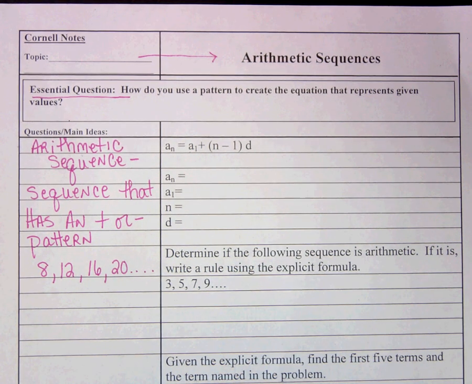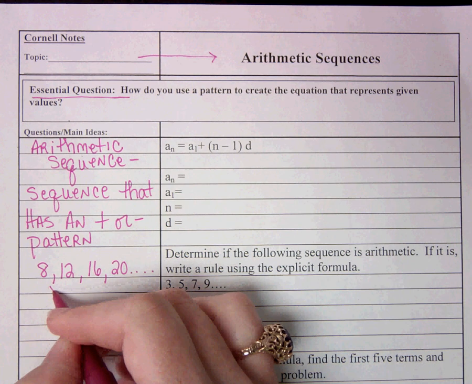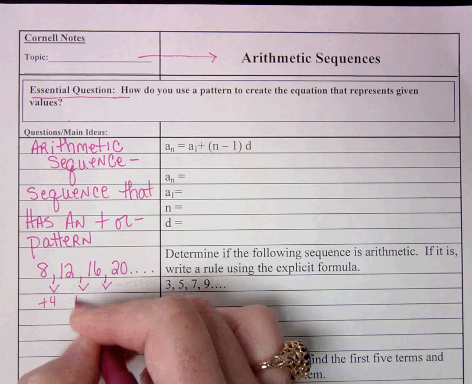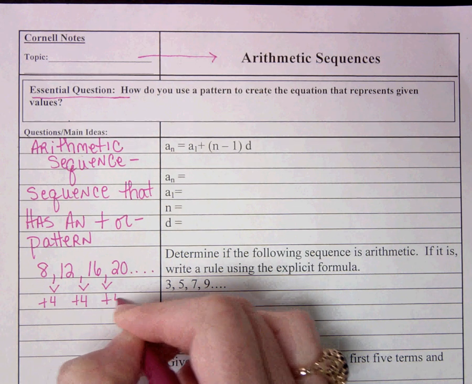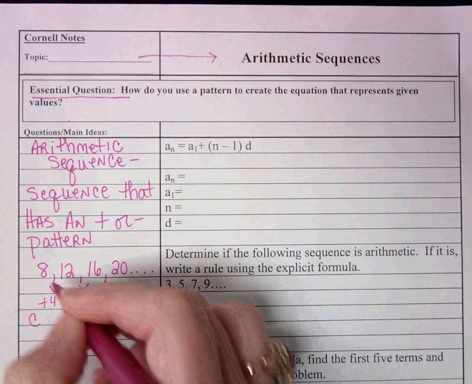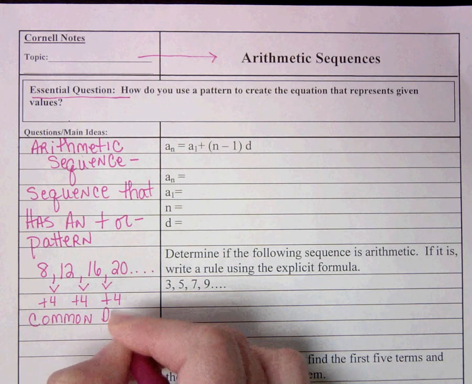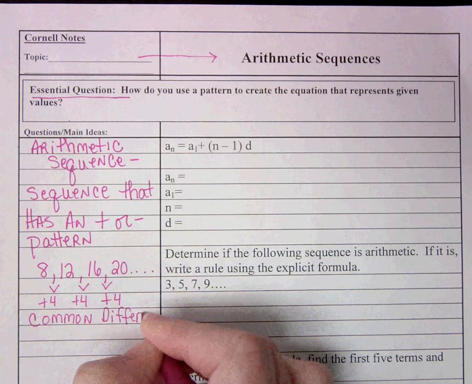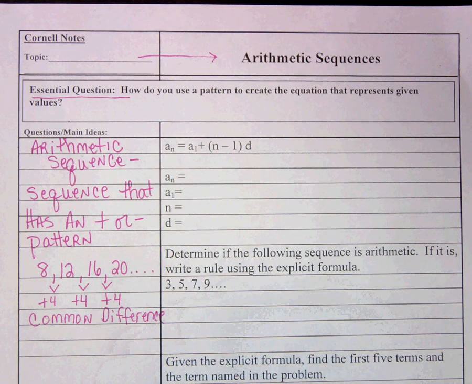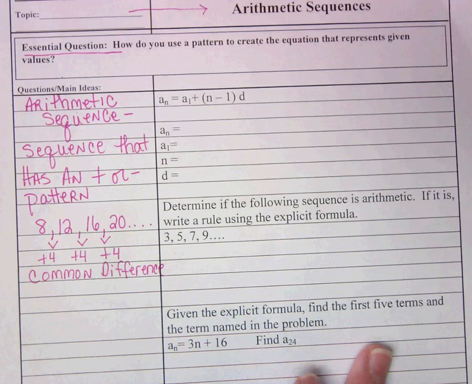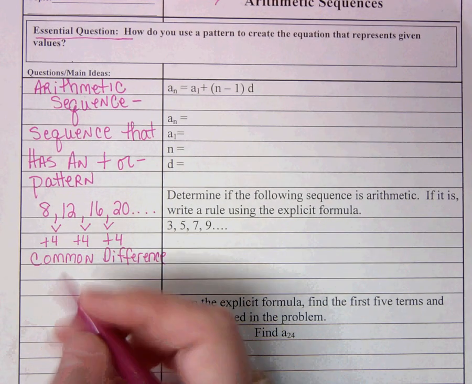And so you could easily see here that the pattern is that we are adding 4. That's not the rule. This is actually called the common difference. The 4 is called the common difference, and then we use the common difference to actually write our rules.